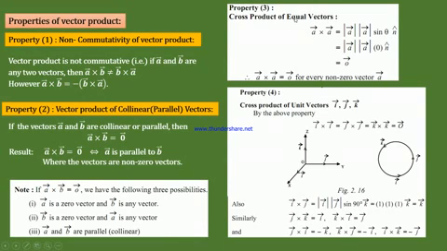Now property number 3, cross product of equal vectors. Just compare with the dot product so you can easily understand. A vector cross A vector is equal to 0 vector.